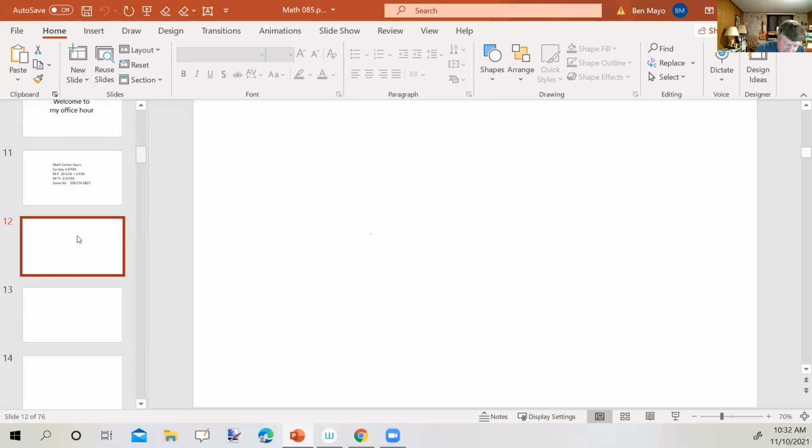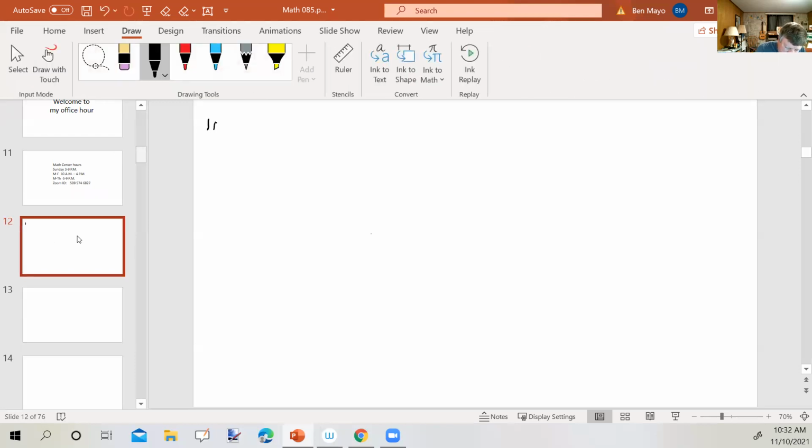This is from section 10.4, part 2, problem number 14. It says determine the coordinates of the vertex of the graph of the function using the vertex formula. Then determine the x and y intercepts of the graph.